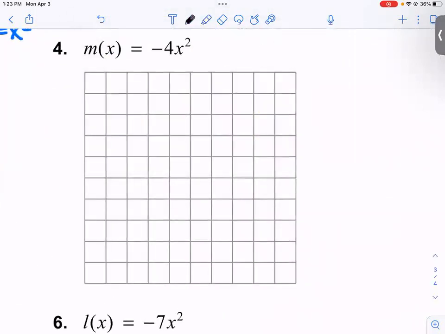Any observation about number 4? Okay, Sophia says it's negative, which means our parabola is going to be upside down. Okay, what else do we know?